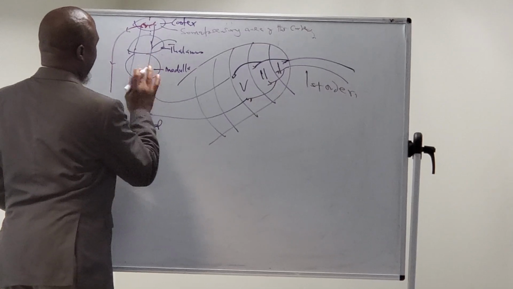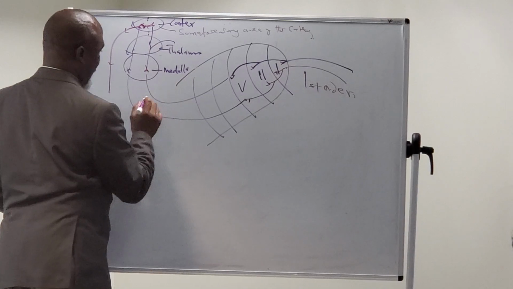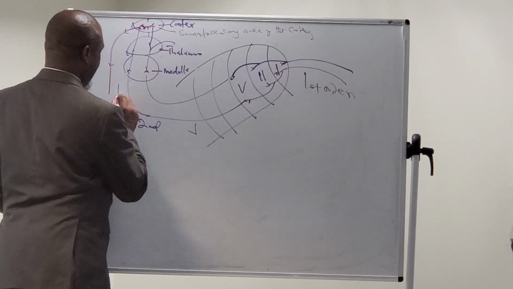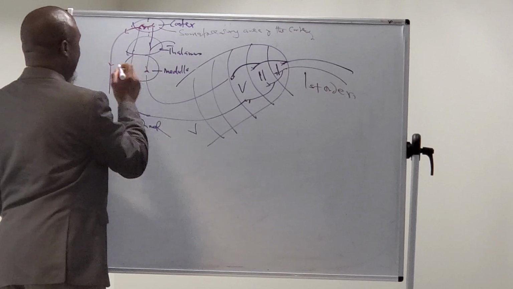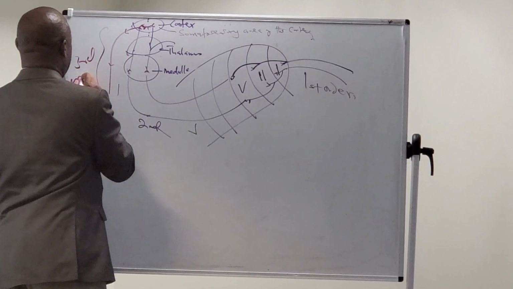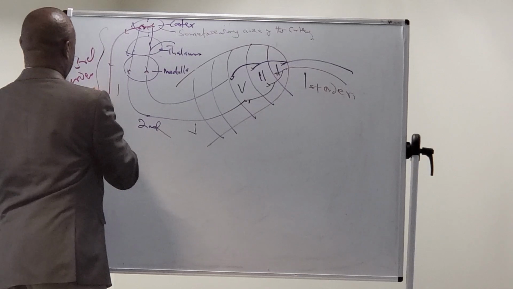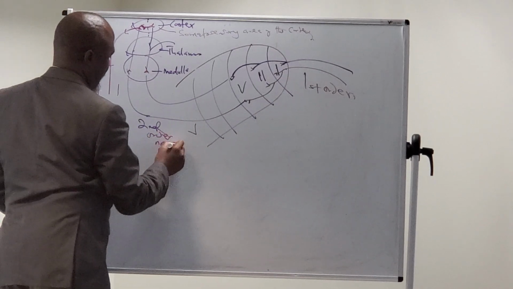Then from here, synapses are also formed again once it hits the brain. This is the spinal cord, as it runs to the cervical area. From here it will be the third order neuron. Second order neuron.